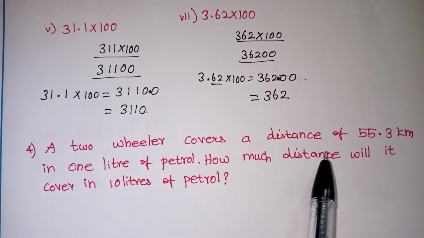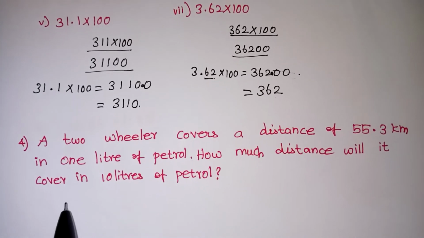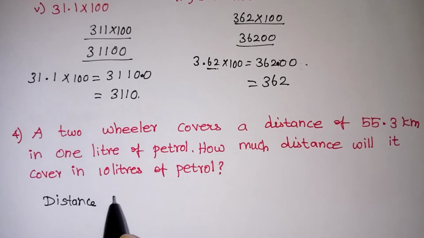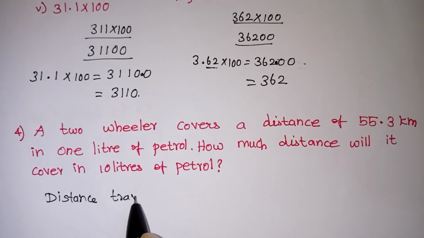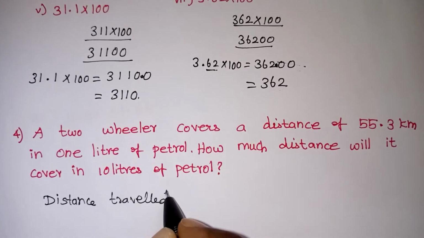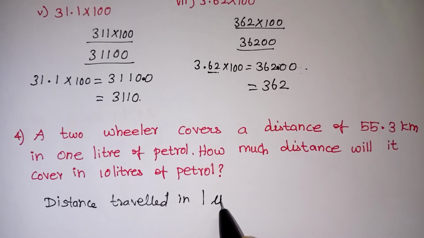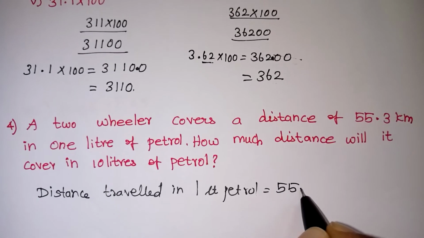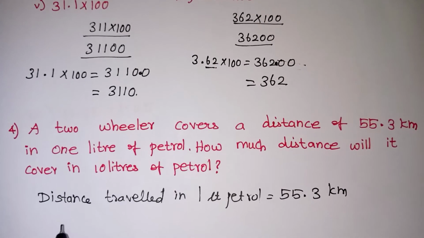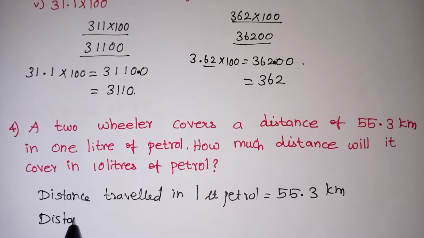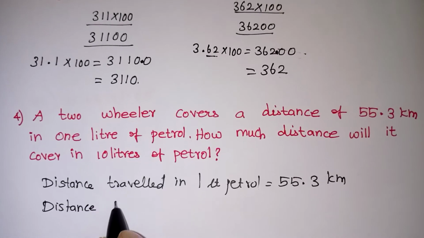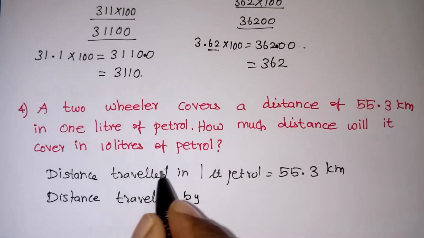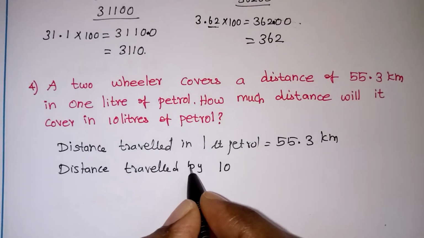In 1 liter of petrol it can cover 55.3 kilometers. Now the distance covered, or travelled, both are the same only, by 10 liters of petrol.